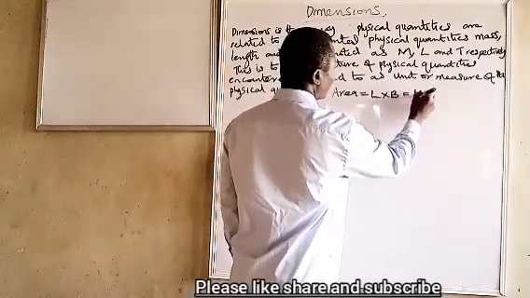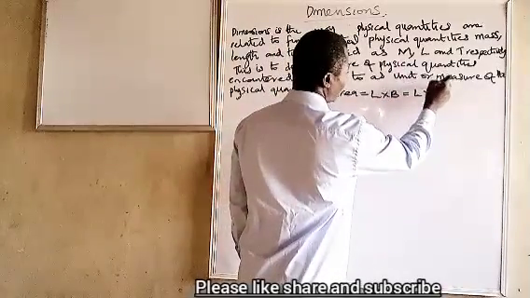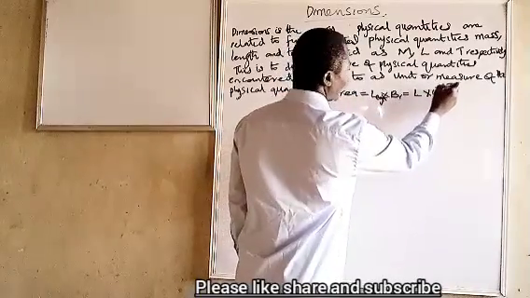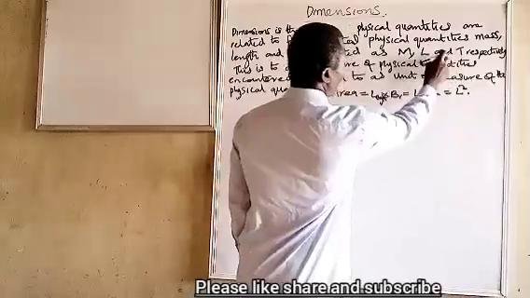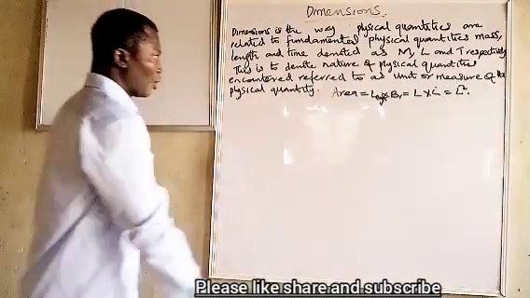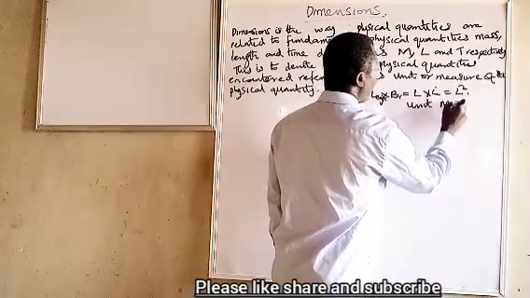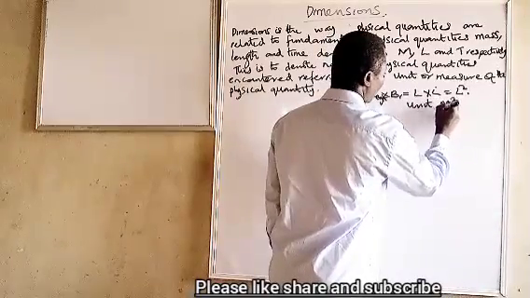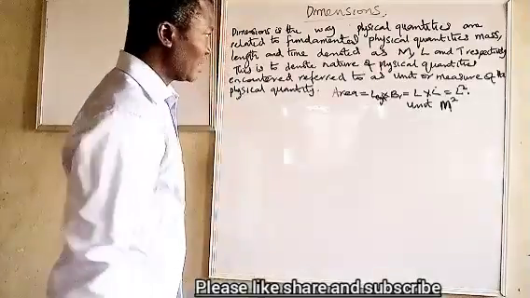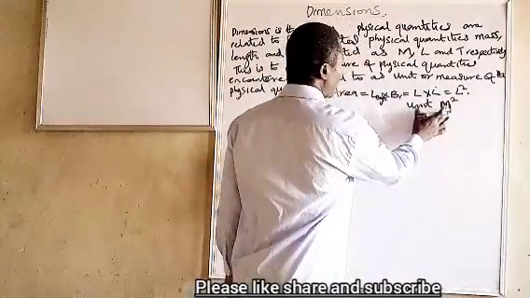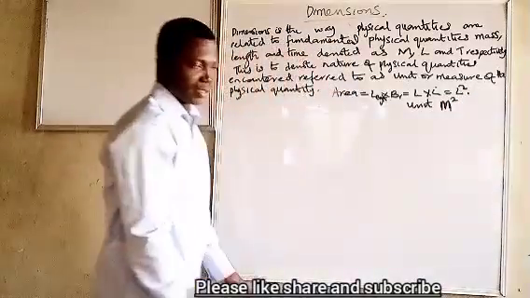So you can say L times L. So that will give you L squared if you are talking about the dimension. But the unit will be M squared, meter squared. So when we want to work with dimensions, we talk about this one. When we are talking about the units, this one will translate to the units.